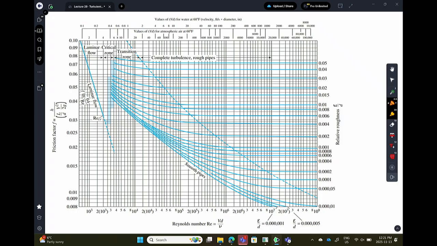You can see it goes from a value of 0.05 to a value of 0.00001. Very high Reynolds numbers in this range, 10 to the 8th, and relatively high friction factors. And it also includes this, which is the laminar case. It has the smooth pipe solution.